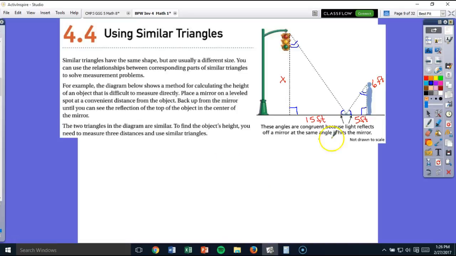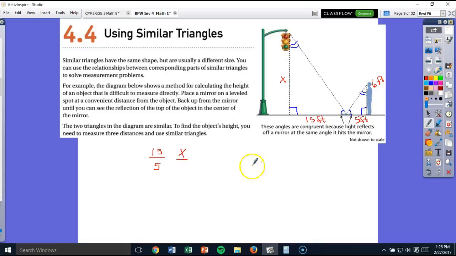So if we start out with our 15 feet up here, and we also have what we know as our 5 feet. On the other side, we are going to be looking for x right here. So 15 and x.